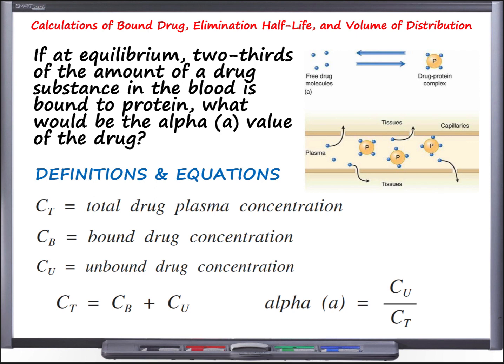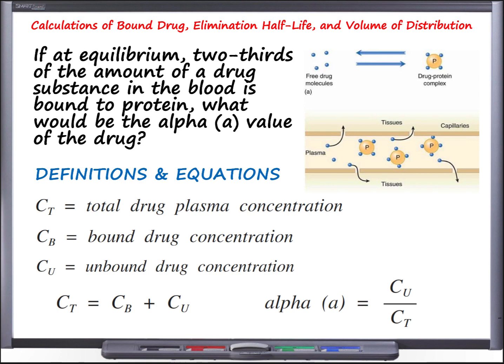Conversely, the more highly bound a drug is to these plasma proteins, the less unbound drug is available to actually leave the blood and produce an effect. Okay? And lastly, some common blood proteins that drugs bind to in human blood are human serum albumin, lipoprotein, glycoprotein, and various types of globulins.